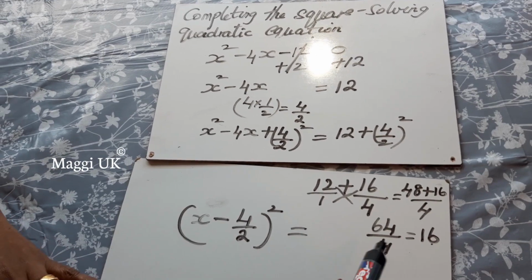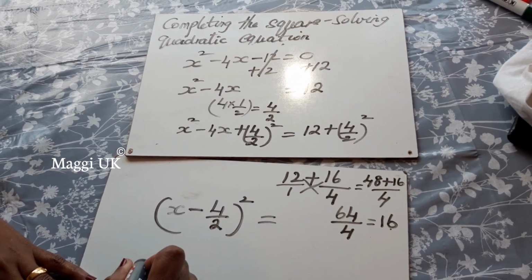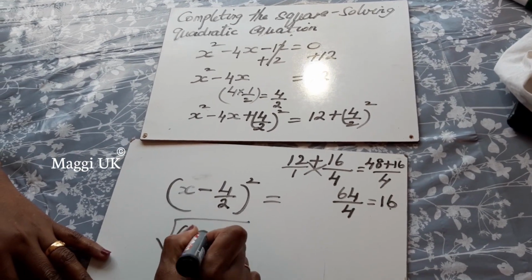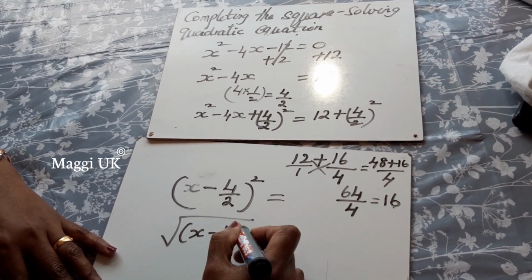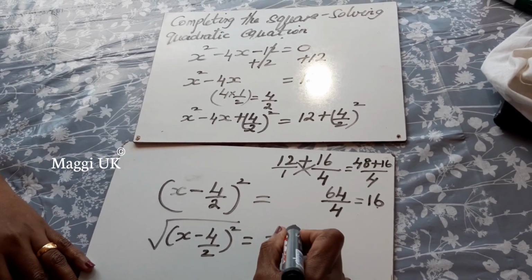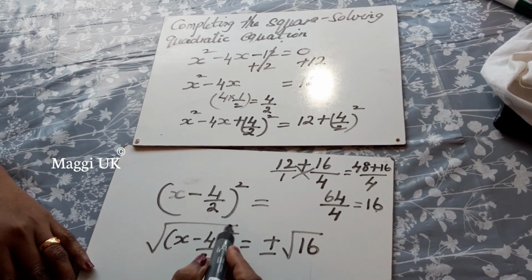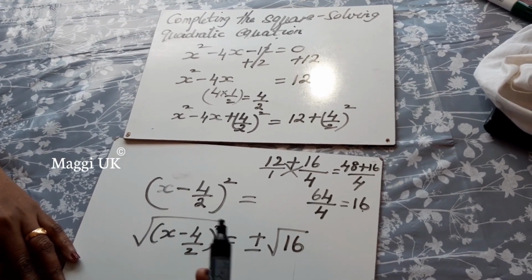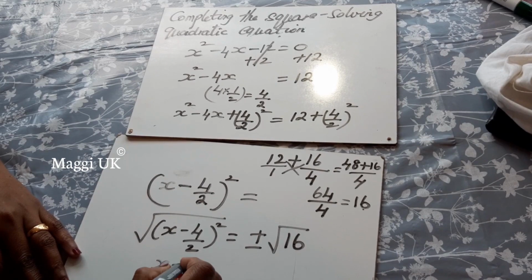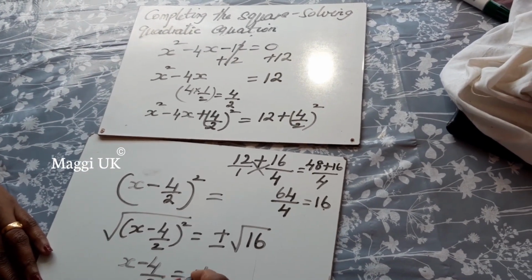equal to this 16. Now as normal method, we take the square root of both sides. So the square root of x minus 4 by 2 squared equals plus or minus the square root of 16. Now the square root and the square cancel, which is x minus 4 over 2 equal to plus or minus.